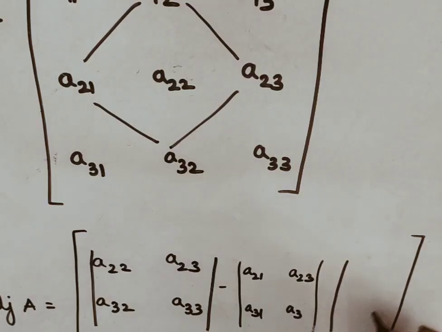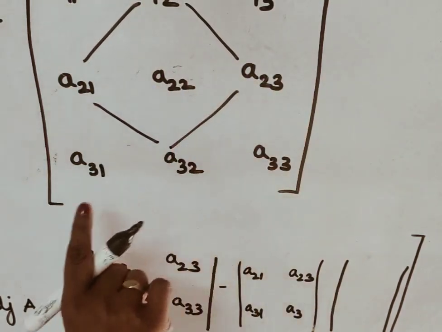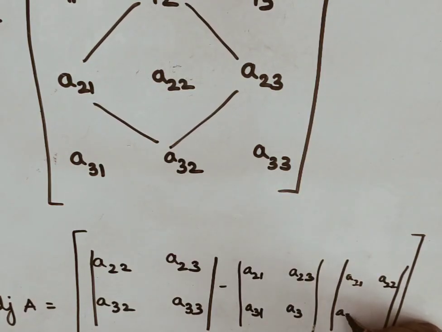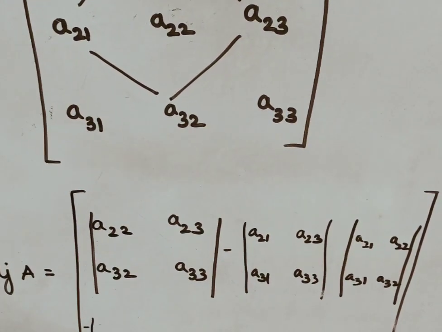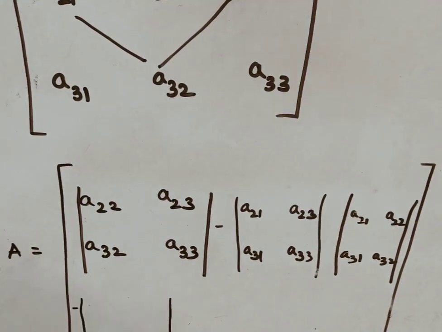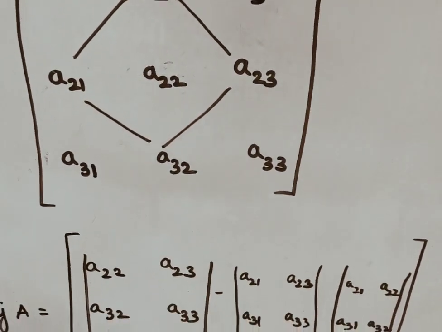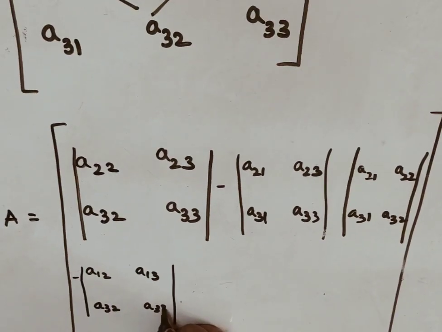And for the third term, I will write the minor. For this term, I have to consider this submatrix A21, A22, A31, A32. Next, this term will have minus, so default minus. So we have to eliminate this row and this column: A12, A13, A32, A33.